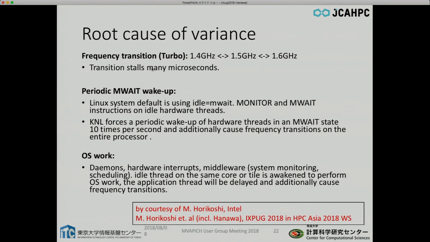One of the biggest root causes is frequency transition. The KNL has a turbo boost mode: single-core turbo boost is 1.6 gigahertz, multi-core turbo is 1.5 gigahertz, and normal mode is 1.4 gigahertz.